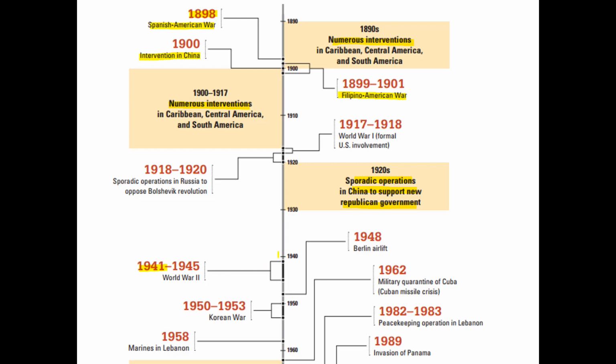So obviously we could talk for hours about these conflicts, World War II, Korean War. But what I want to focus on here for just a few minutes is the aftermath of World War II, where we were trying to come together and set the tone for a world that's going to be a little bit more coordinated and organized.